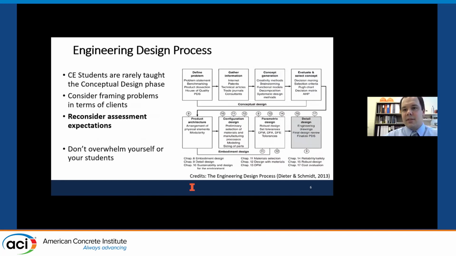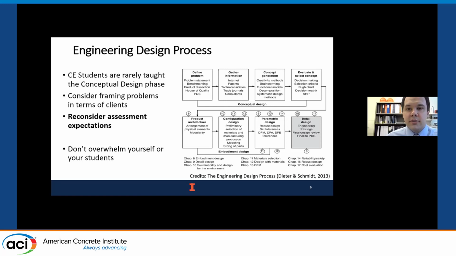So that conceptual design, going in, finding the problem, defining it, and trying to come up with some general concepts, the literature review. A lot of our programs focus on, okay, we're gonna teach you this process to design a reinforced concrete beam. We're gonna teach you the process to design a concrete mix based on certain parameters. Oftentimes we don't necessarily close that loop.